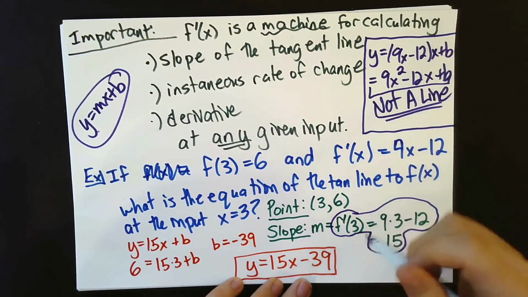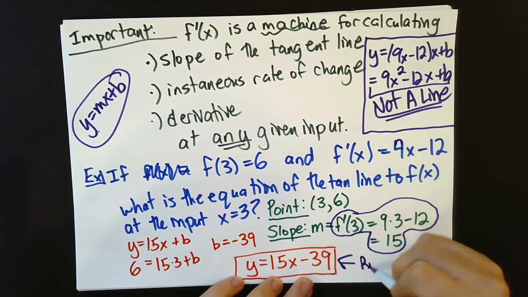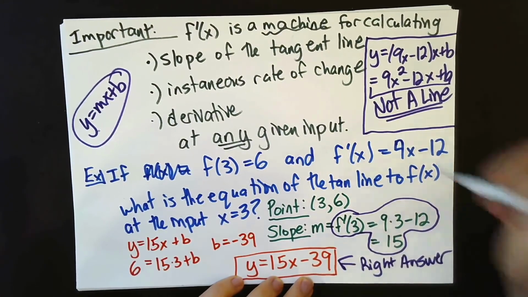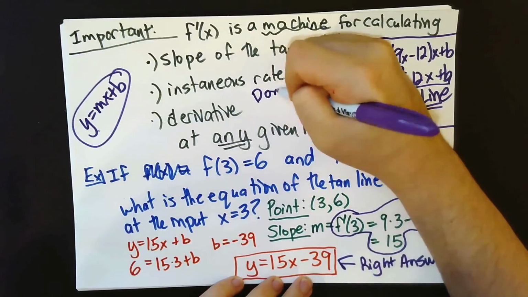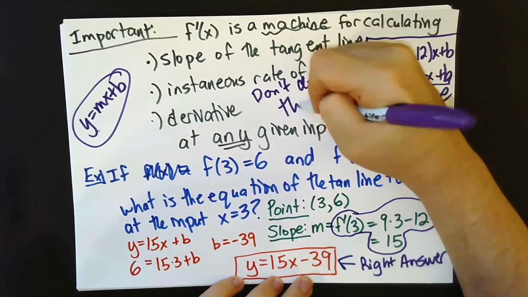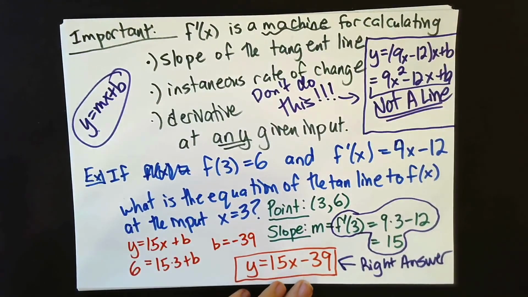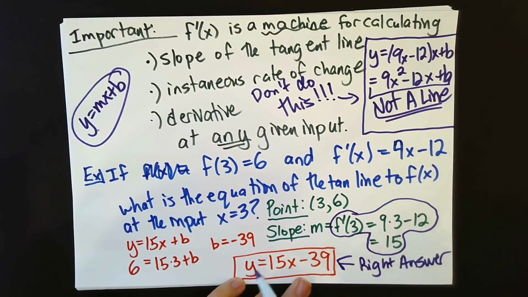So make sure, and I'll emphasize this is the right answer, don't do this. Now I'll emphasize again, the reason why I like this answer is it's y equals number x minus number, and that's what your equation for your tangent line should always look like.